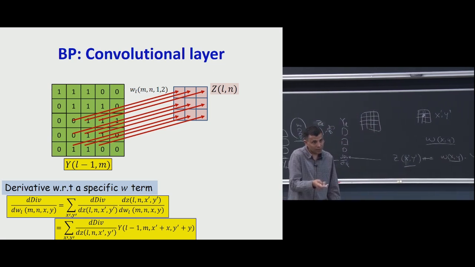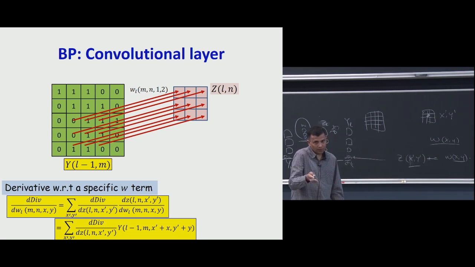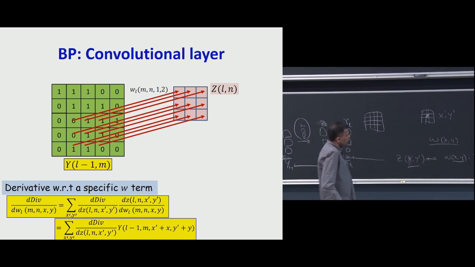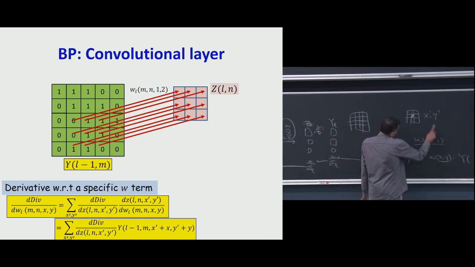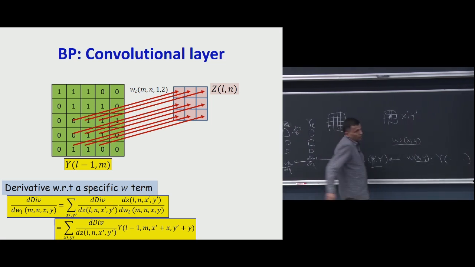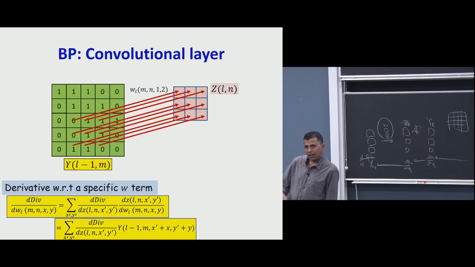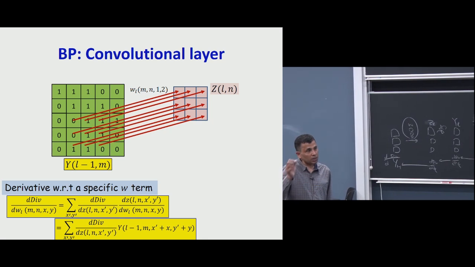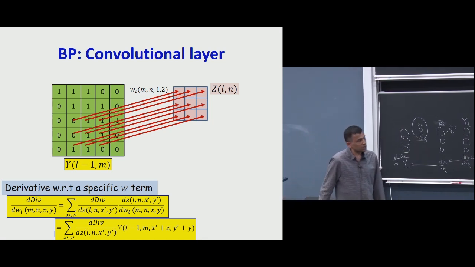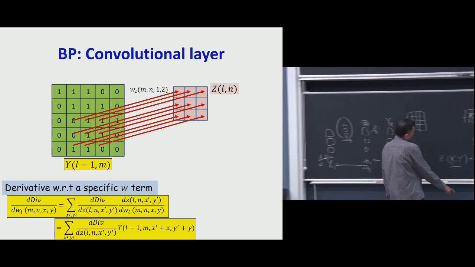So weight xy means that, what are the xy indices over here? That's the shift with respect to the y, right? So which particular position in the y plane is going to be contributing to the x prime y prime position in the z plane through wxy.